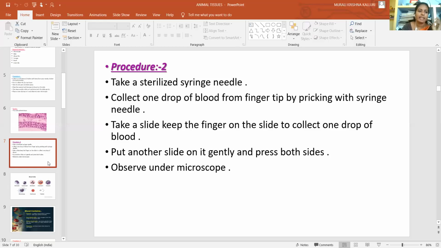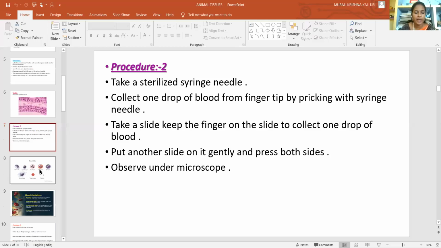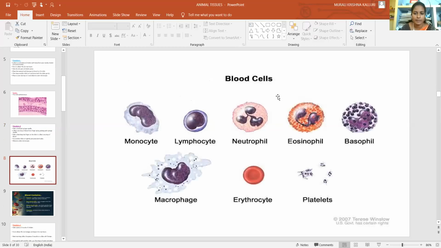Take a slide and collect one drop of blood, put another slide on it, gently press, and observe it under the microscope. We can see some structures that are called blood cells.